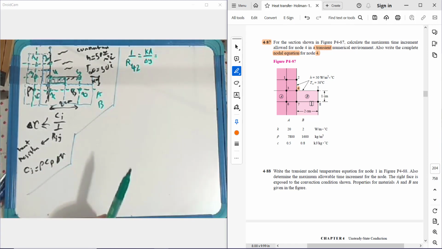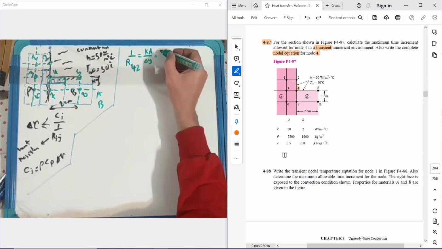So this is k for material A. Material A is 7800.